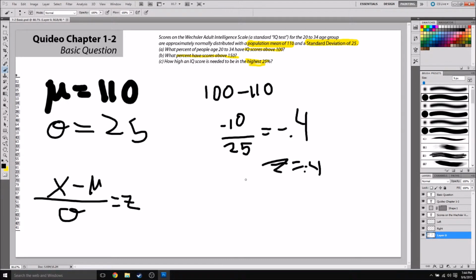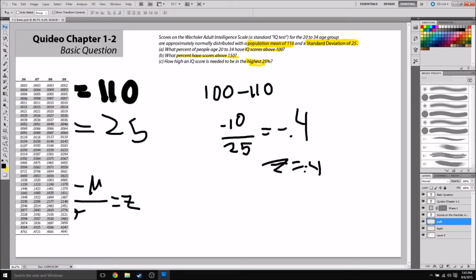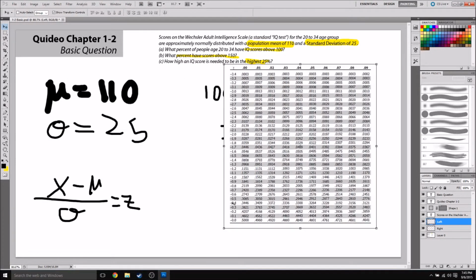Now that we have our z-score, we look it up in the chart to find where negative 0.4 falls. Negative 0.4 is 0.3446, or 34.46%. That's its percentile within the graph.